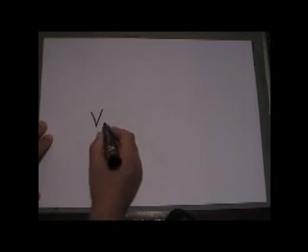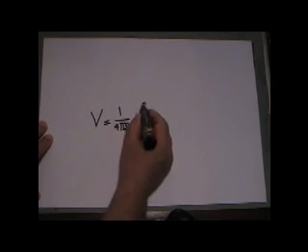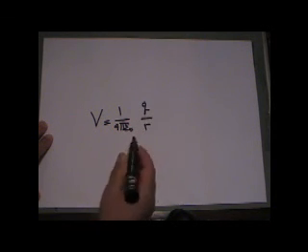After that, we went into the potential V, which was simply 1 over 4 pi epsilon naught times Q over R, not R squared.